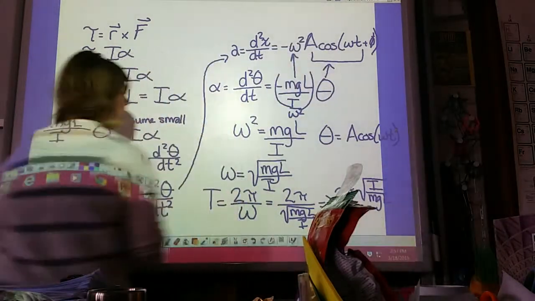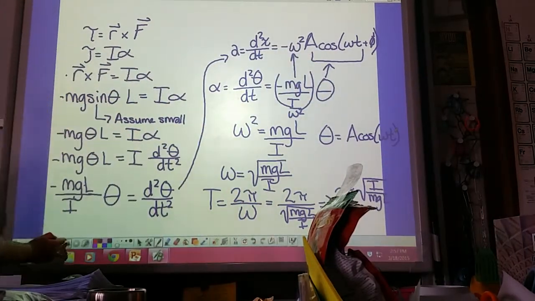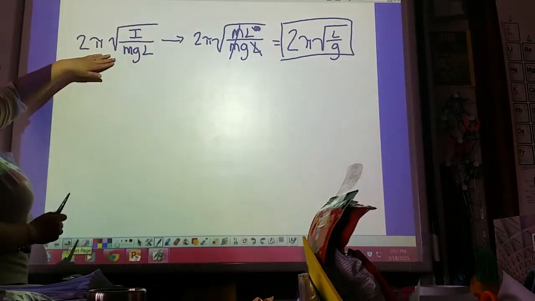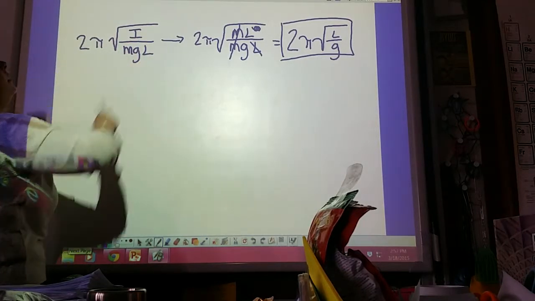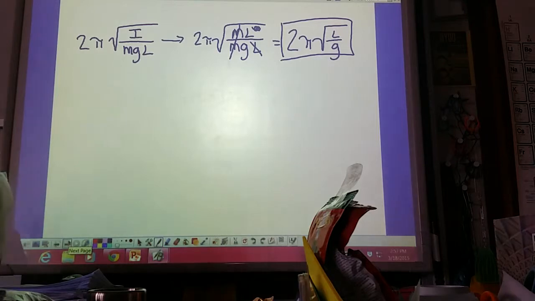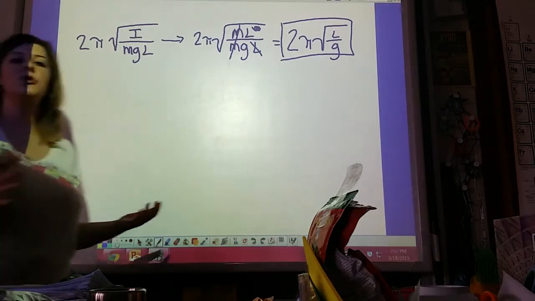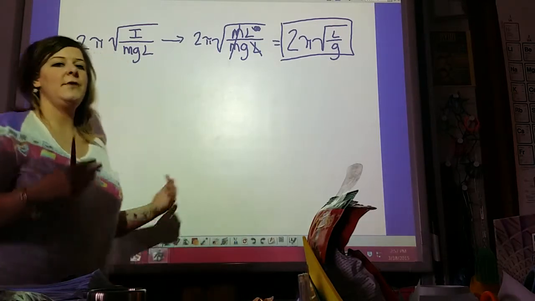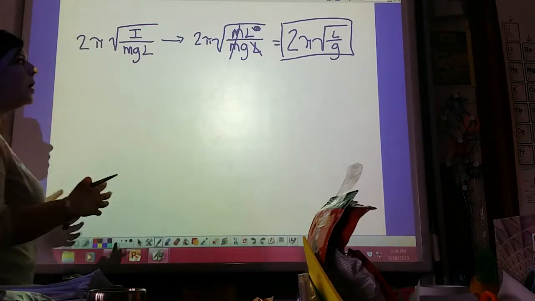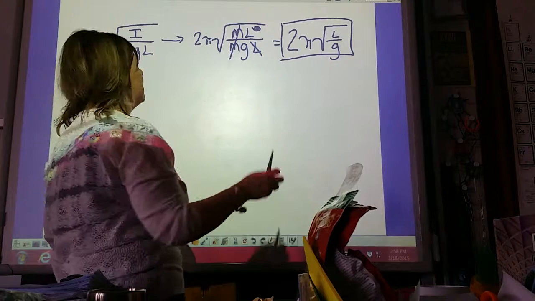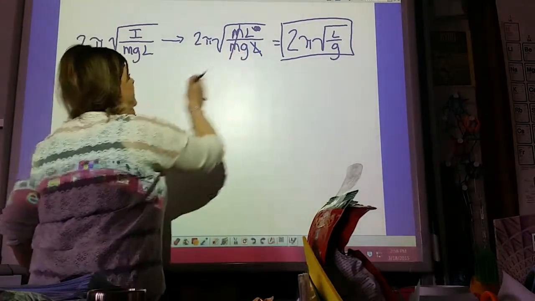I don't like that either because it's not simplified enough. So this is where I left off, 2 pi radical I over mgl. If I'm thinking about just the moment of inertia definition in general, if I'm thinking about L, then instead of mr squared, I could use ml squared. So let me plug in that very generic formula for I, which I said is ml squared.